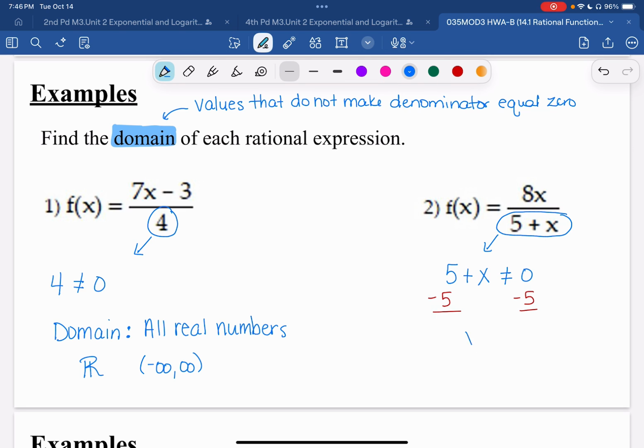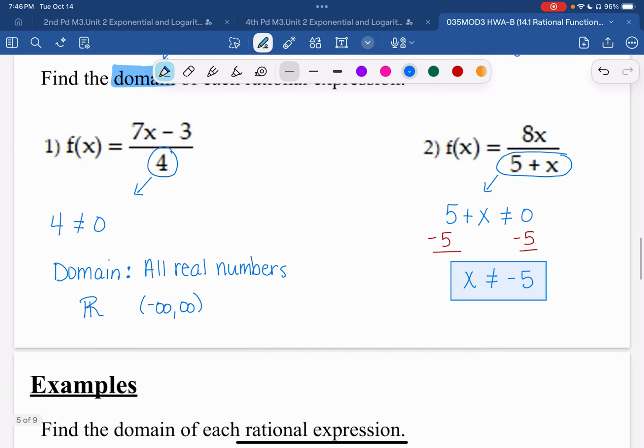So x cannot equal negative 5. So what that means is that my domain can be everything except negative 5.